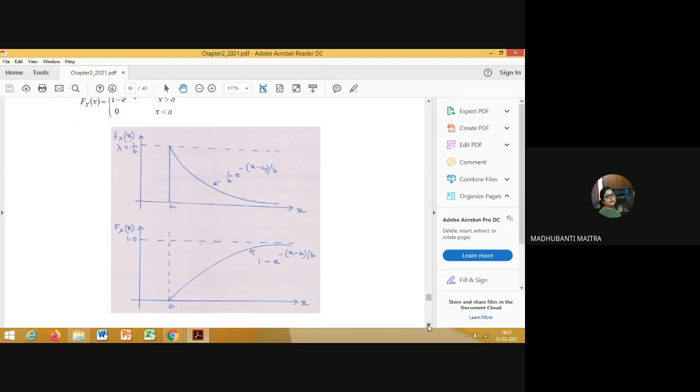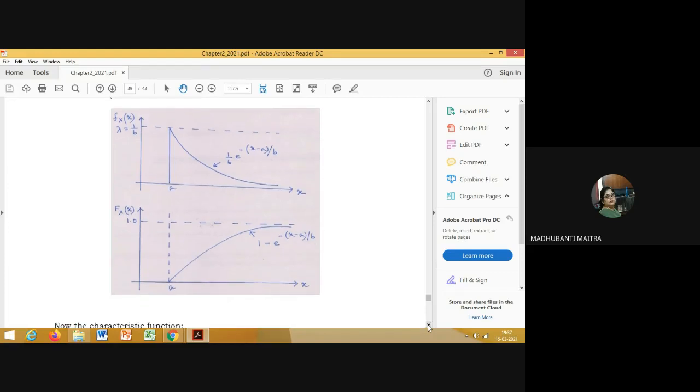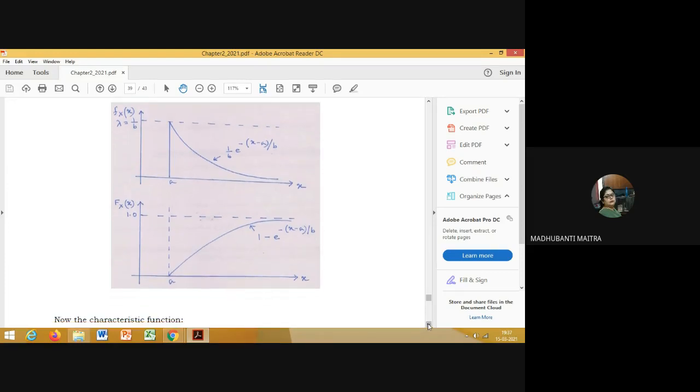Have you computed the first moment about the origin?